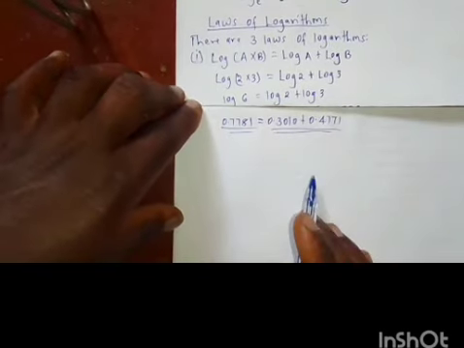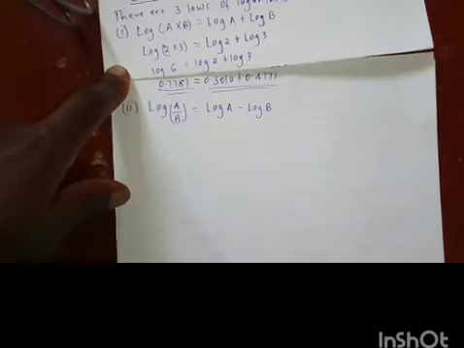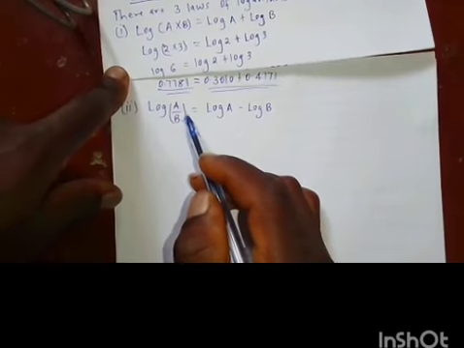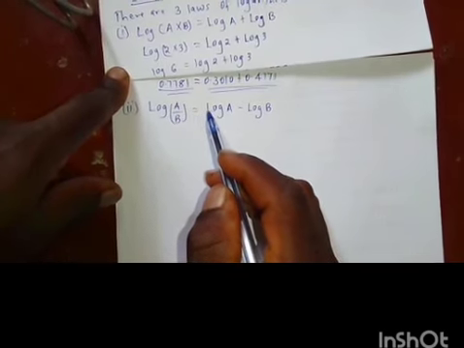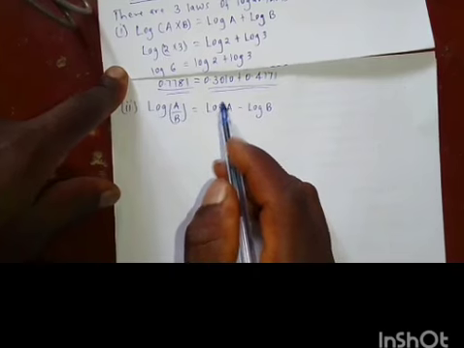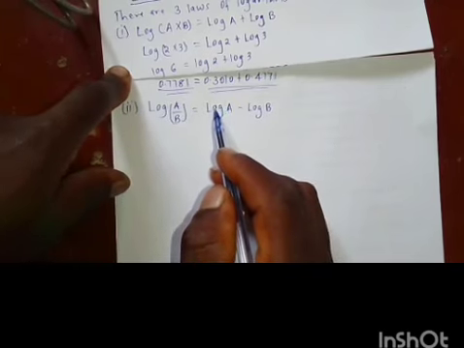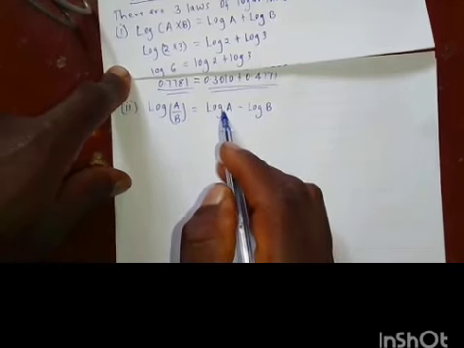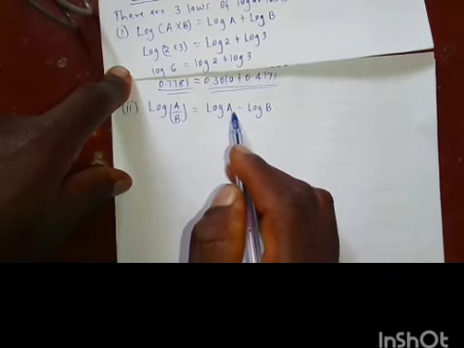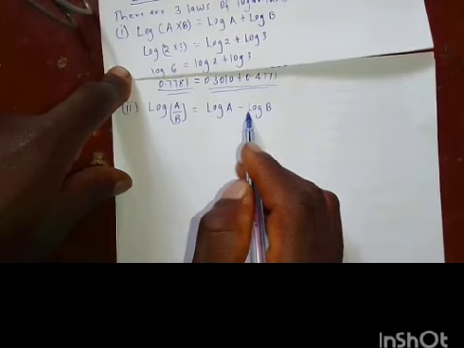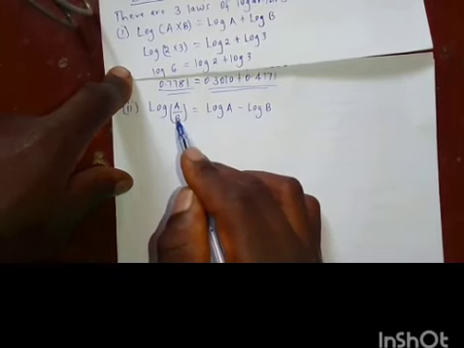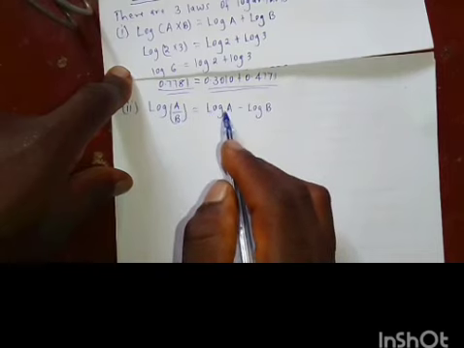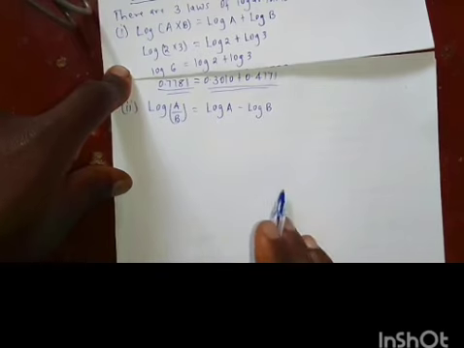Right, the second law: the log of a number divided by another number equals the difference of the individual logarithms of the numbers, in the order that it is the logarithm of the denominator number subtracted from the logarithm of the numerator number.